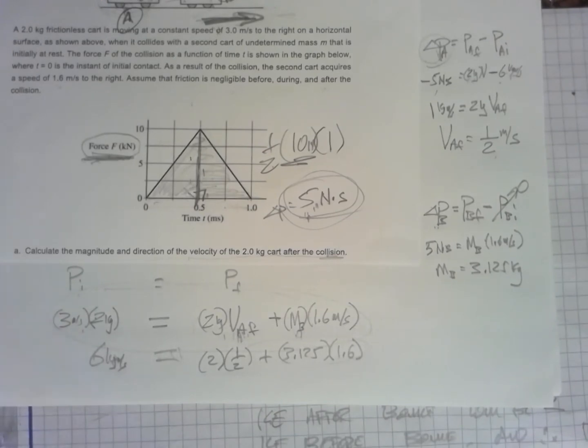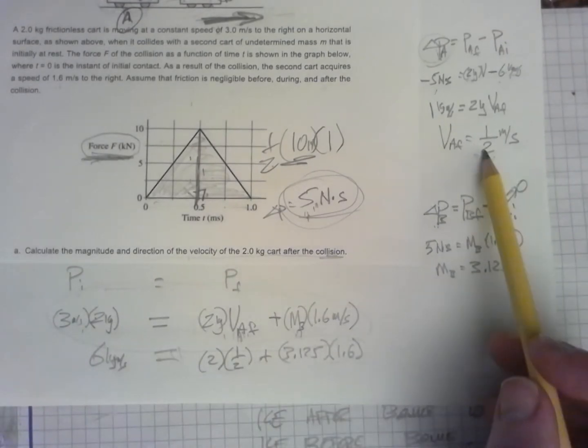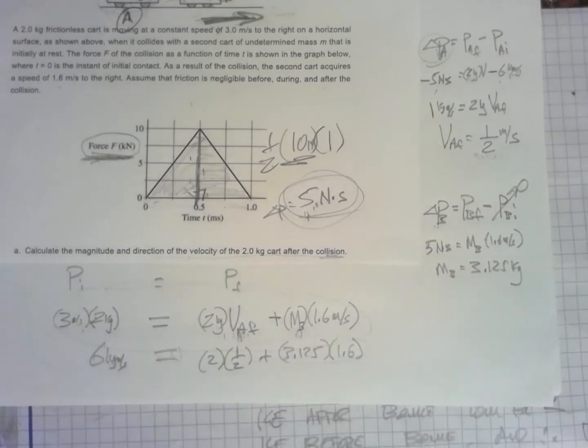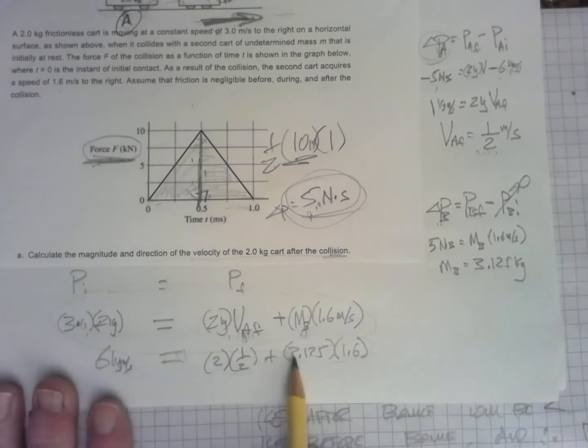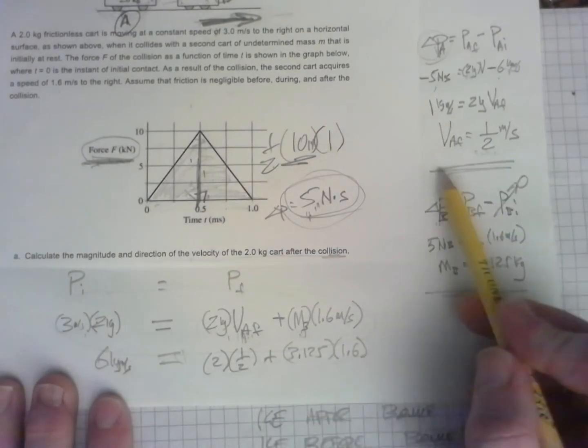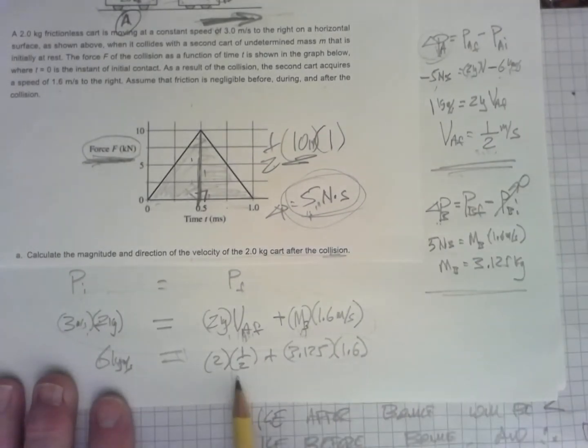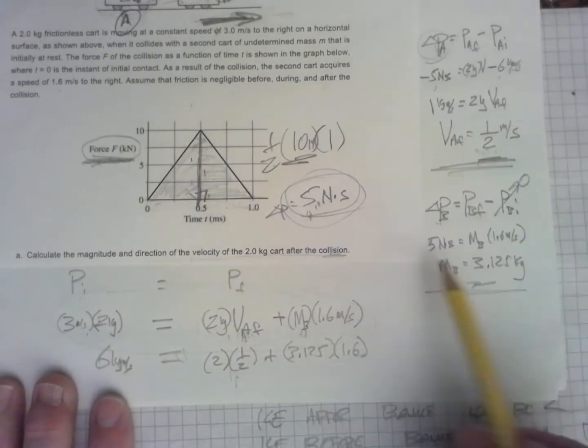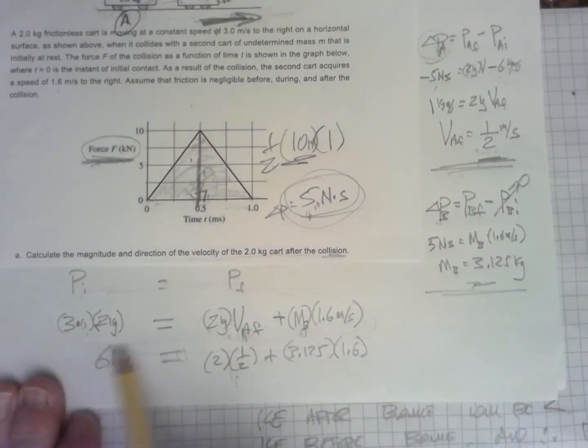I got that one. That's a 1. Plus, now is that plus? Yes, they're both still positive. So we're good. Plus 3.125 times 1.6. 6 even. So yes, that is a verification that what I did over here is correct, because the velocity and the mass that I found using this impulse idea fit in the conservation of momentum.